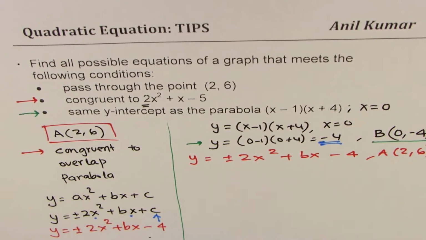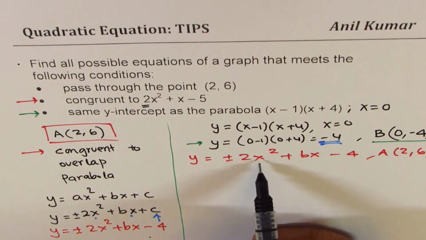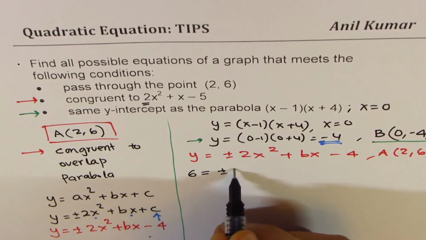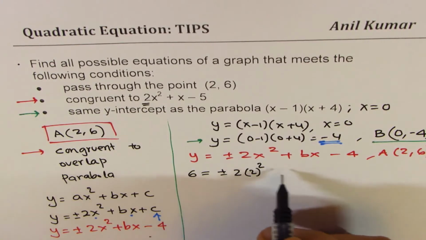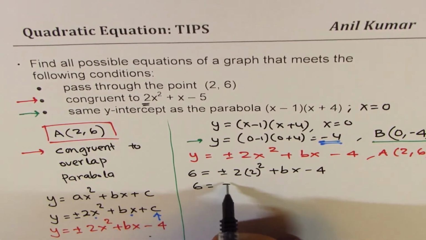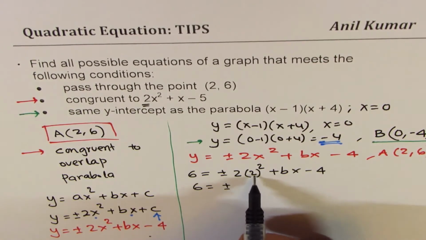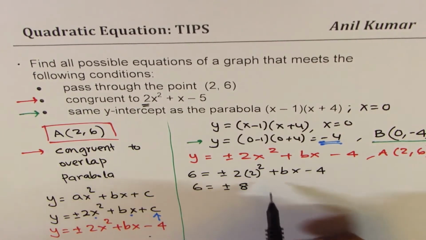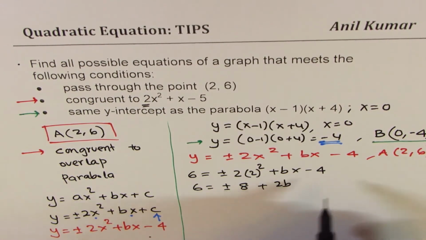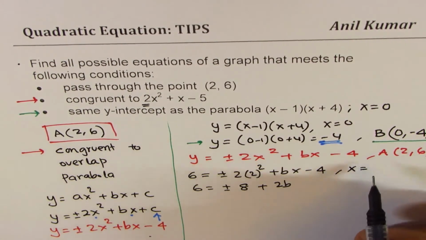So let's substitute. If I substitute 2 for x and 6 for y, I get 6 equals plus or minus 2 times 2 squared plus bx minus 4, which is 6 equals plus or minus, now 4 times 2 is 8. I should have written 2 here also, plus 2b, right? Since x equals 2.